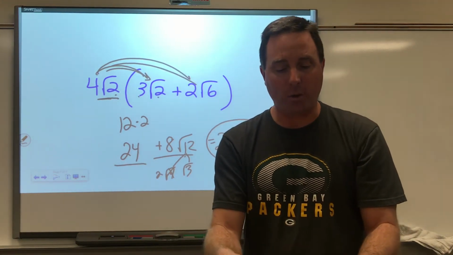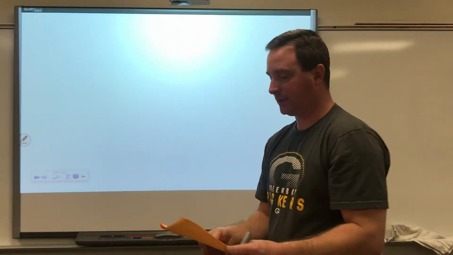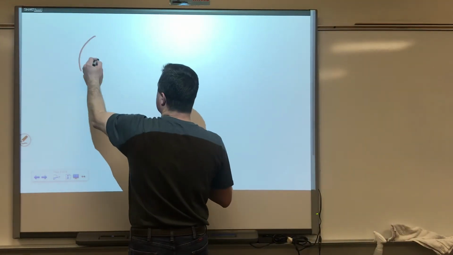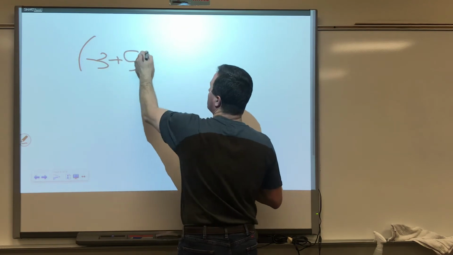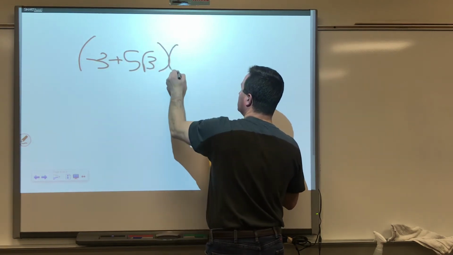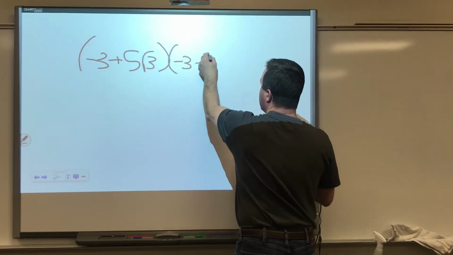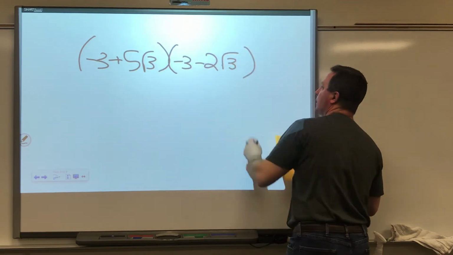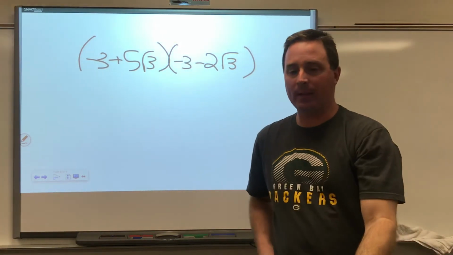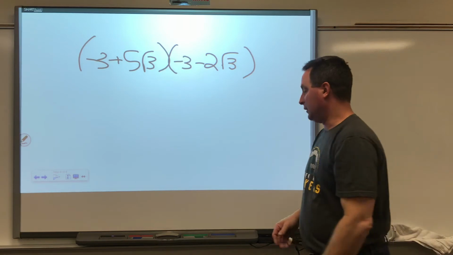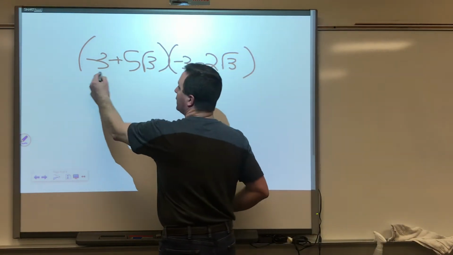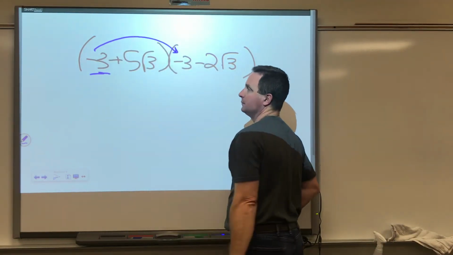Okay? Can we FOIL with radicals? Okay, how about this? Negative 3 plus 5 square roots of 3 times negative 3 minus 2 square roots of 3. Okay, let's FOIL. I'm going to take the first number and distribute it.